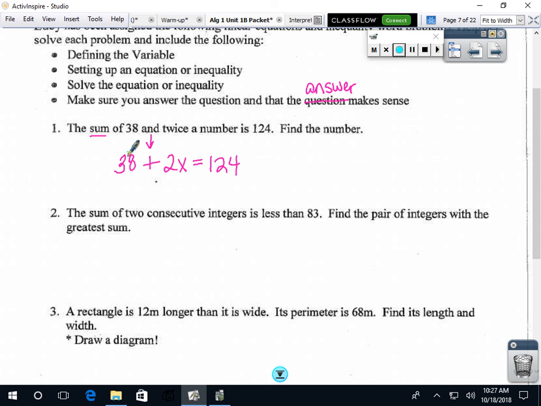This is a positive 38, so to get rid of a positive 38, don't you just subtract 38 from it? Because that's 0. And whatever you do on one side, you go across and do it on the other. So now on this side of the equal sign, we just have the 2x because the 38's gone. We subtracted it away. But on this side, we now have 124 minus 38, which is 86.